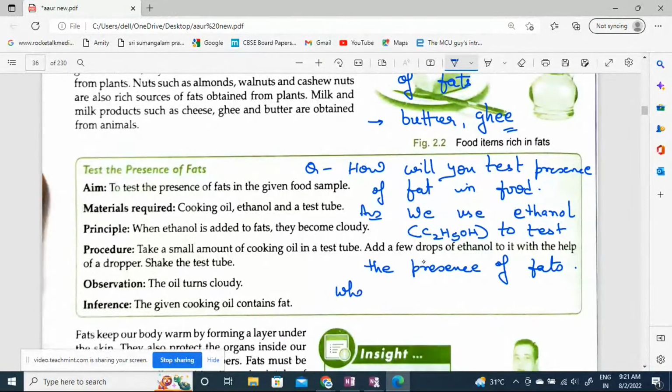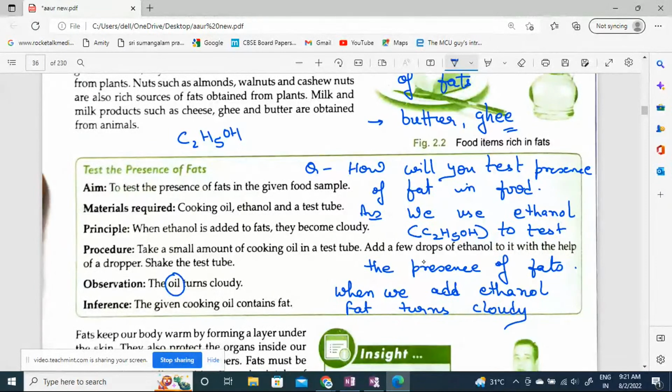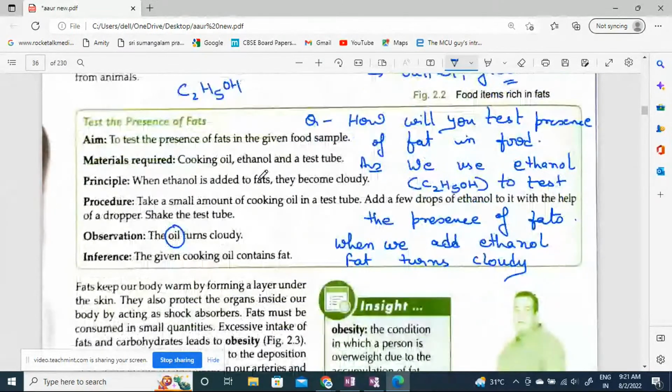When we add ethanol, fat turns cloudy. What are fats? Fats are oils. Okay, desi ghee, that is the liquid.